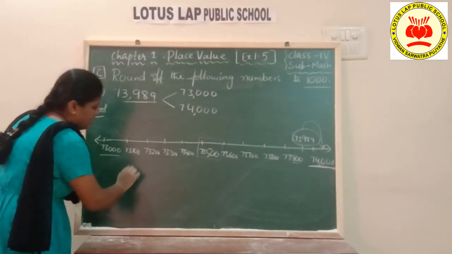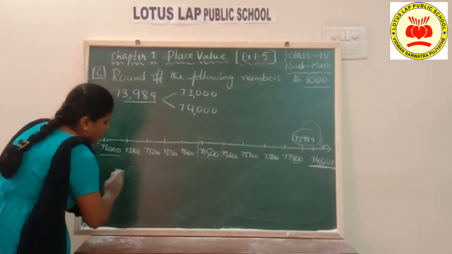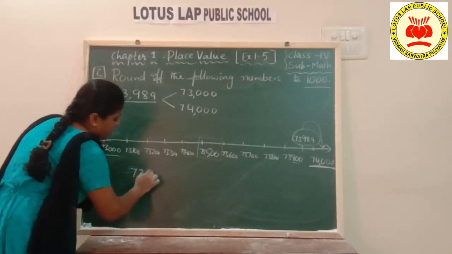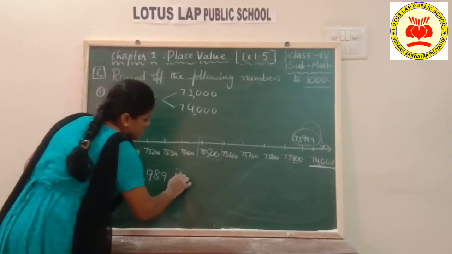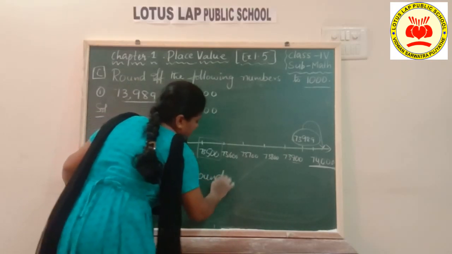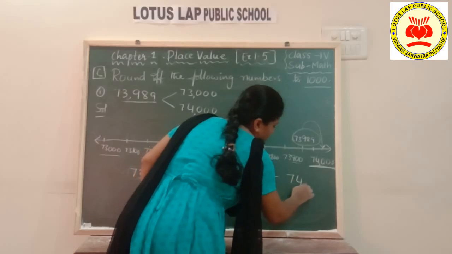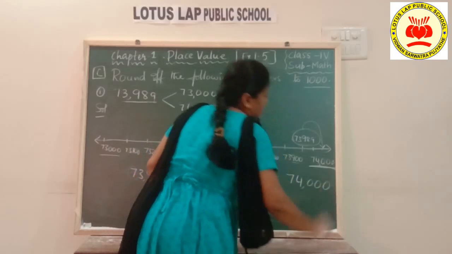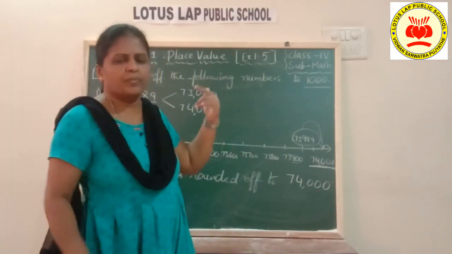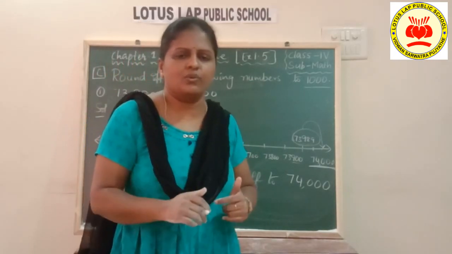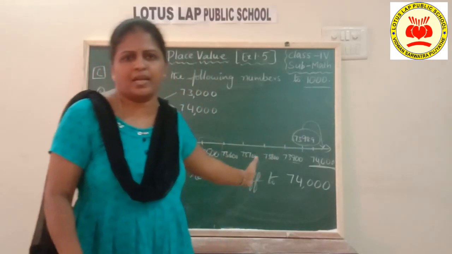So you can write that statement: 73,989 is rounded off to 74,000. So, I hope you understood, children. Remaining sums you try to solve in the same manner. Thank you.